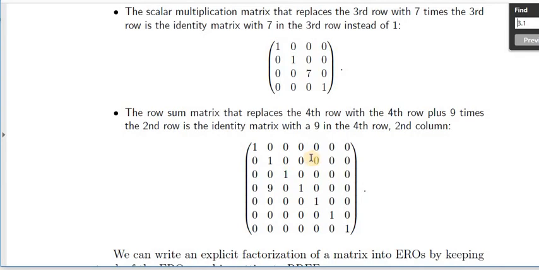Another way of describing this is that if I want to carry out some row operation on a matrix, to find the matrix corresponding to that elementary row operation, I carry out the same operation on the identity matrix. Here I want to replace the fourth row with the fourth row plus 9 times the second row, and that's what we did for the identity matrix. And you can work this out.